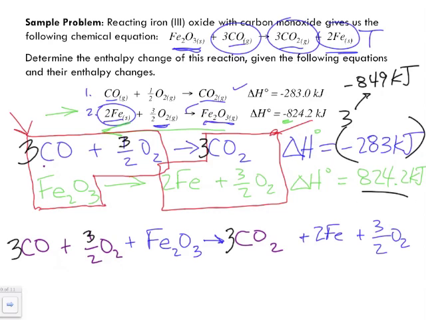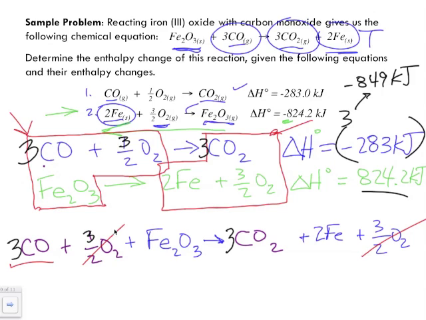So now let's start canceling out common compounds. We've got CO, and only CO appears. We've got 3/2 moles of oxygen on both sides, and they cancel out. We've got Fe2O3, which doesn't cancel out. We've got 3 CO2, and we've got 2 Fe.